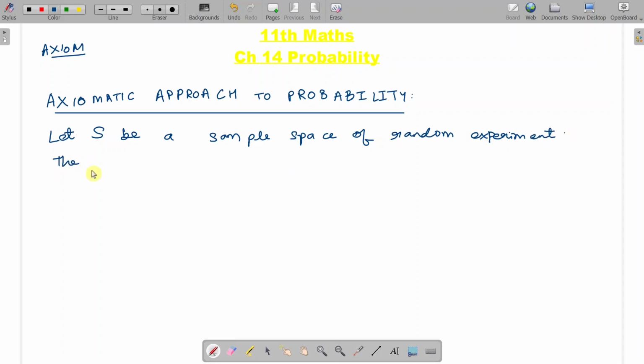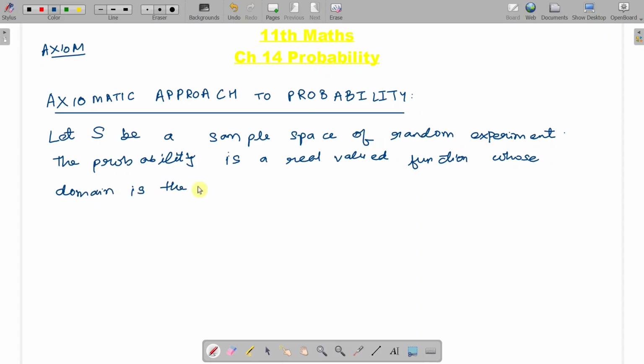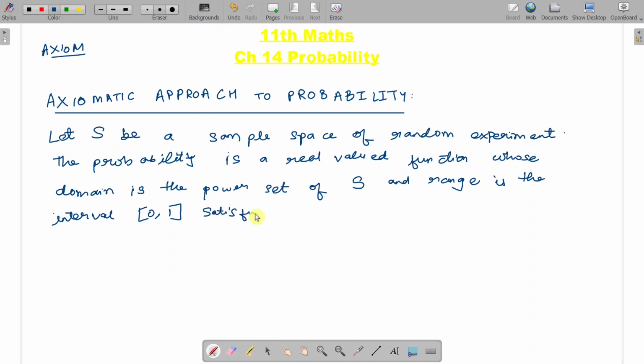Then probability is nothing but a real valued function whose domain is the power set of the sample space S, and whose range is the closed interval 0 to 1, satisfying the following conditions.